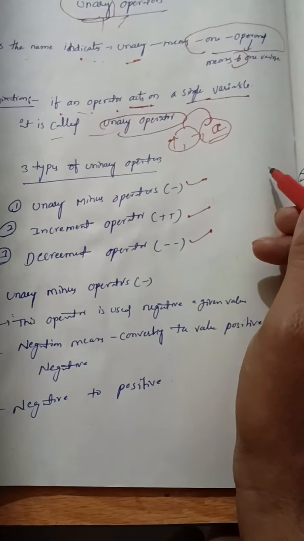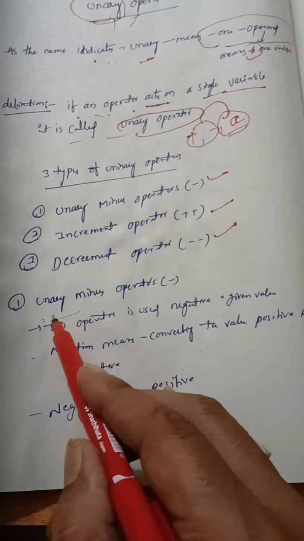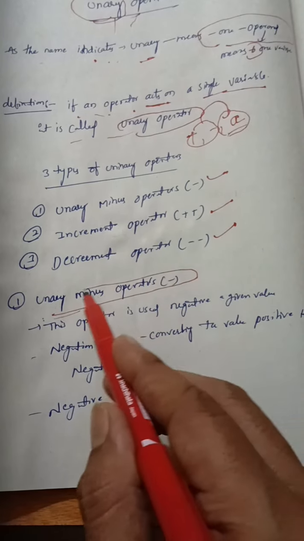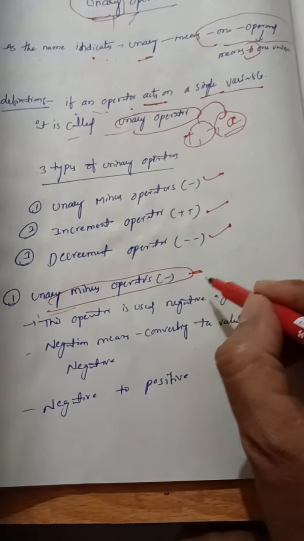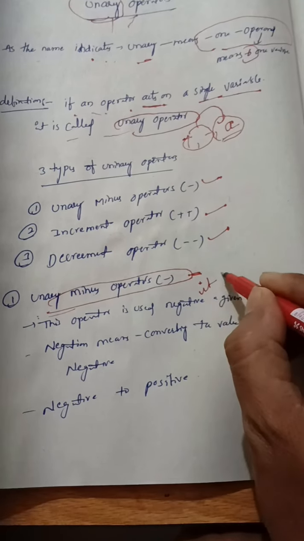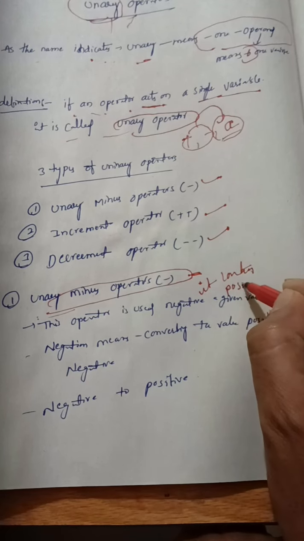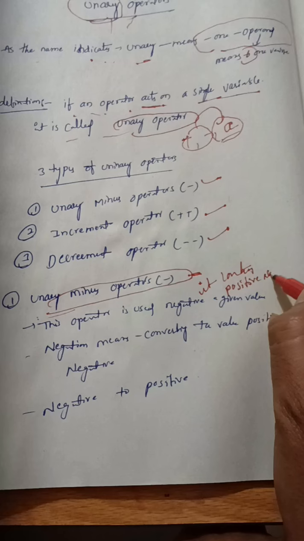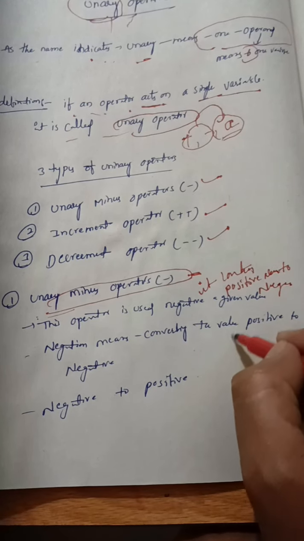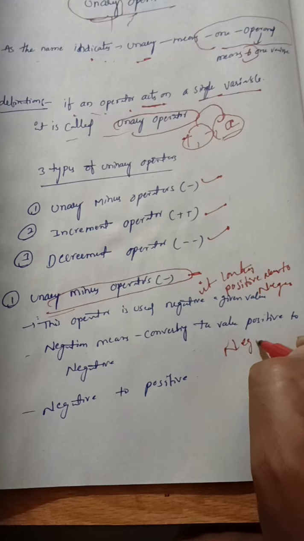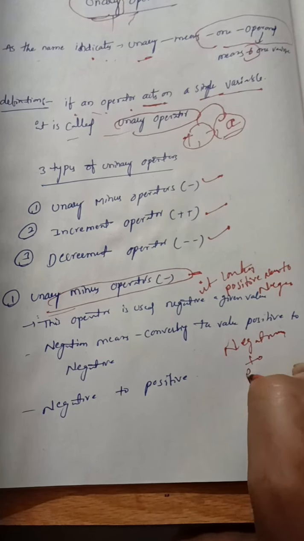First we discuss the unary minus operator. What is the use of the unary minus operator? The symbol is minus, and it converts a positive number to a negative number, and vice versa, a negative number to a positive number.